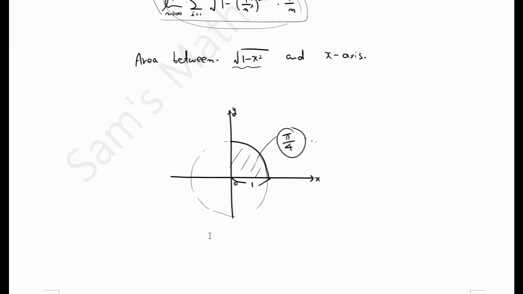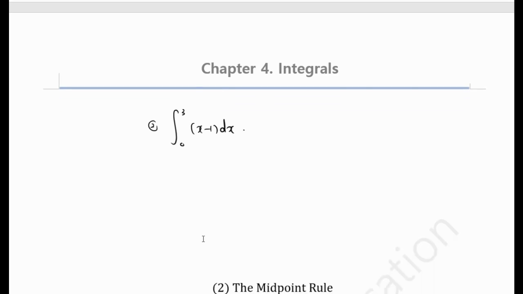So the second question is the integral from 0 to 3 of x minus 1 dx. We can find this definite integral without expressing the Riemann sum. We can draw y equals x minus 1.